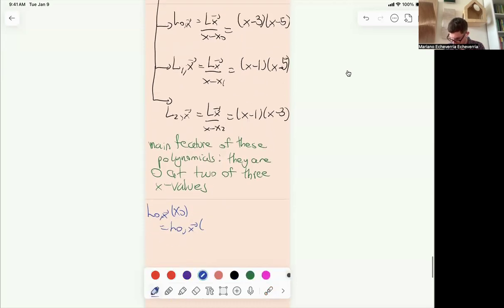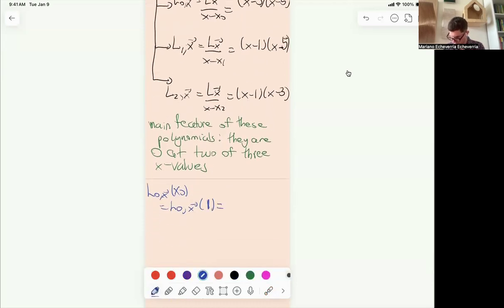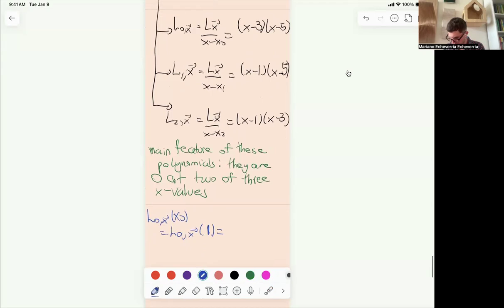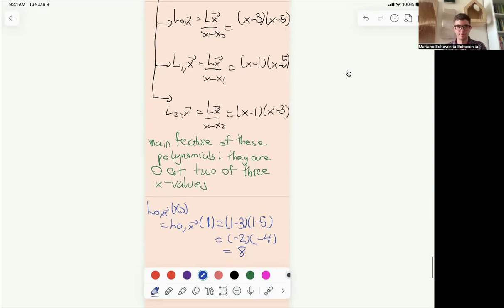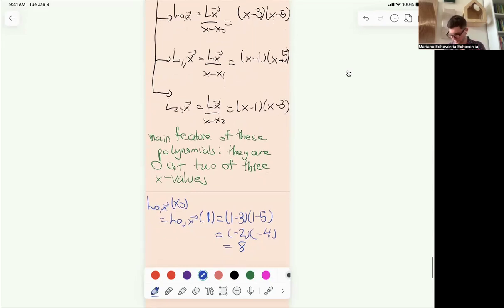Okay, that would be 1 minus 3 times 1 minus 5. Which is negative 2 times negative 4, and that gives you 8.